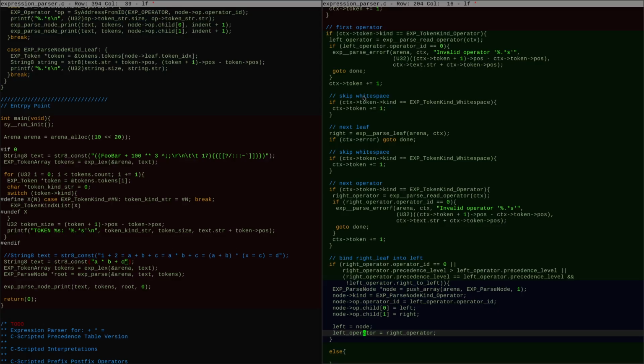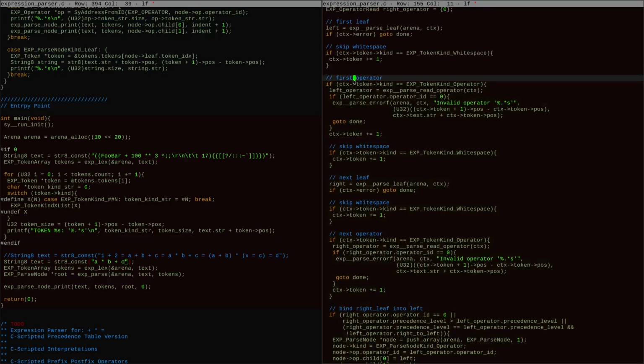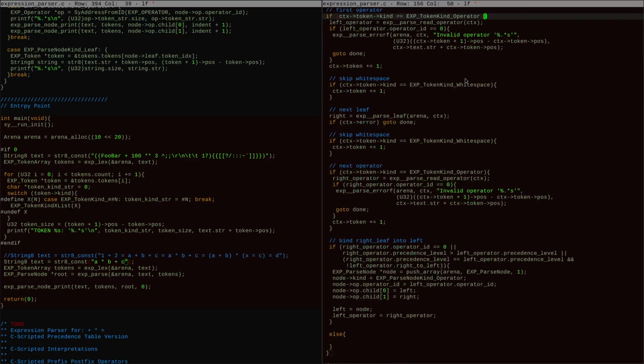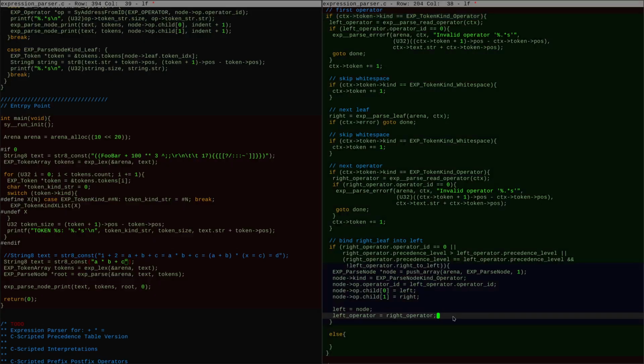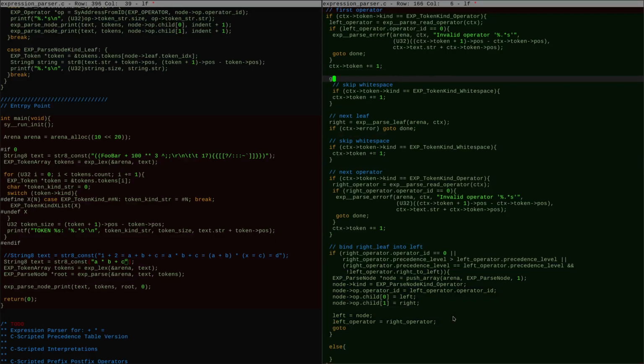So I guess probably right here, you've got your first operator. From here, we'll go back to get next leaf, maybe? Although maybe this whole thing can become a big for loop.